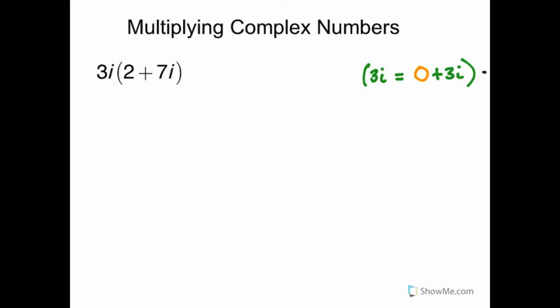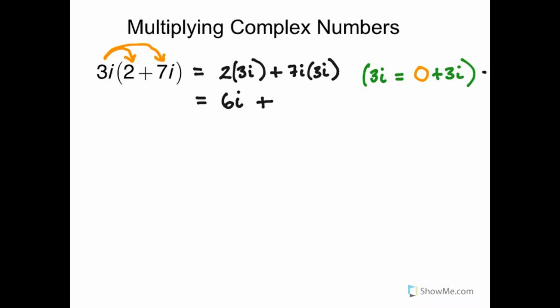If we're multiplying complex numbers, here's an example. 3i is multiplied by 2 plus 7i. We're just going to use the distributive property. 3i is going to be multiplied by 2, and 3i is going to be multiplied by 7i. Well, 2 times 3i is 2 times 3 times i, or 6i.